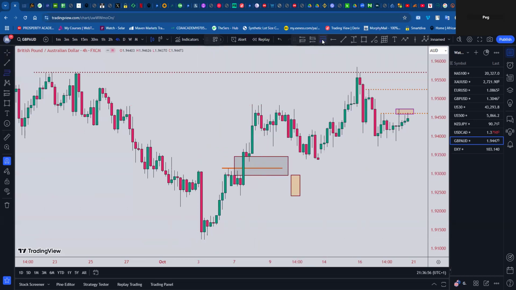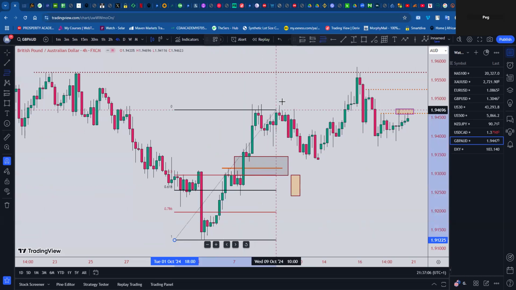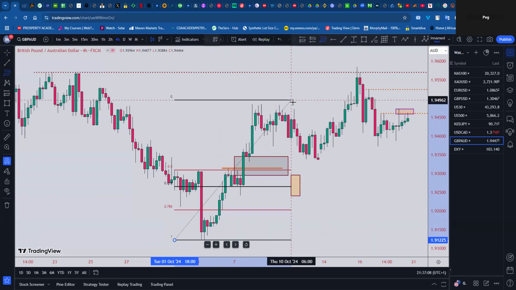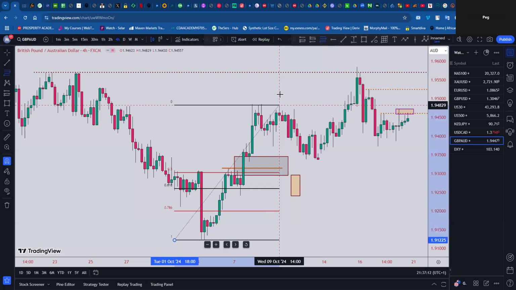When I say the discount array, hope you know what I mean by that. Is it within the discount zone? Is it within the 50% of the price range? Yes. It's under it. So that makes it a perfect order block. So if you are going to buy, you can give this order block a consideration, bearing every other factor. Are you getting me? Yes.